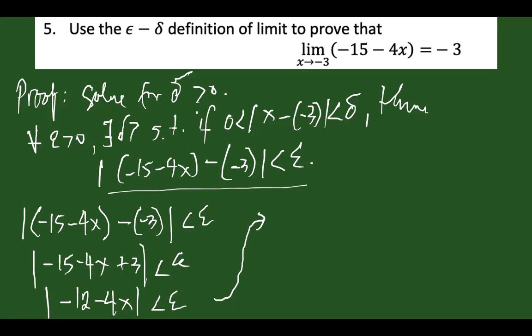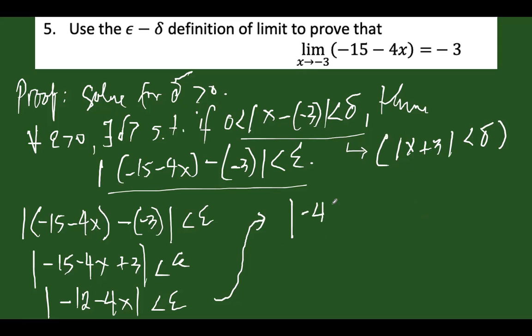The left-hand side should be expressed in terms of the absolute value of x plus 3 being less than delta. So how do we do that? For us to get x plus 3, we can factor out negative 4.